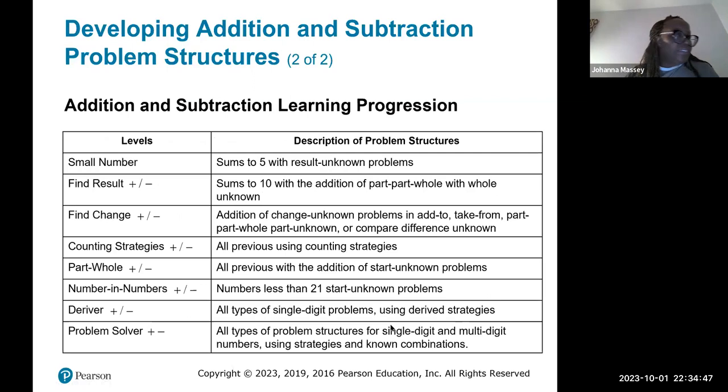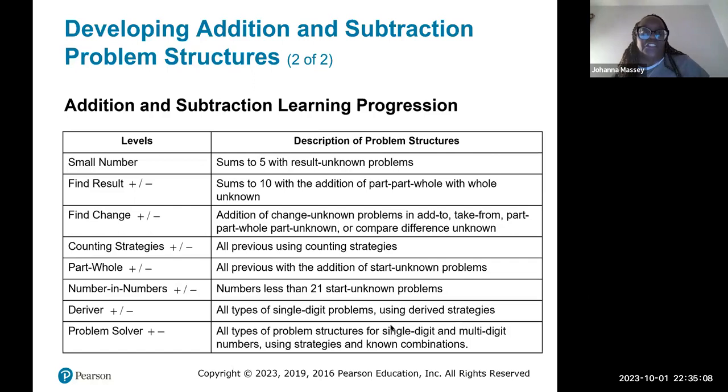So let's look at these different levels of the addition and subtraction learning progression. I'm glad that they take the time to study these things so that we would know how our students develop. So we have small numbers, sums to 5. In fact, in kindergarten, that's what they go to, 5.